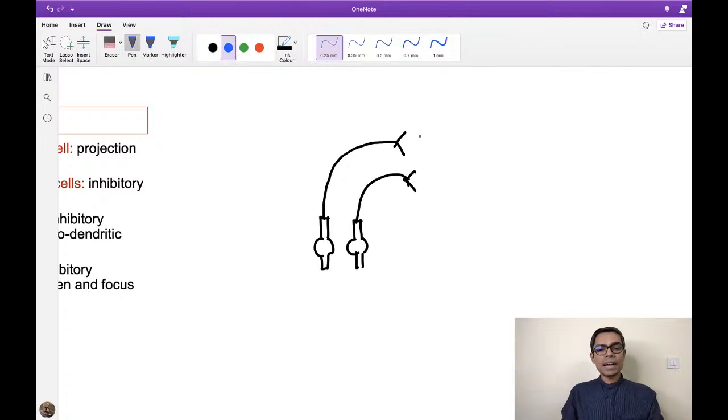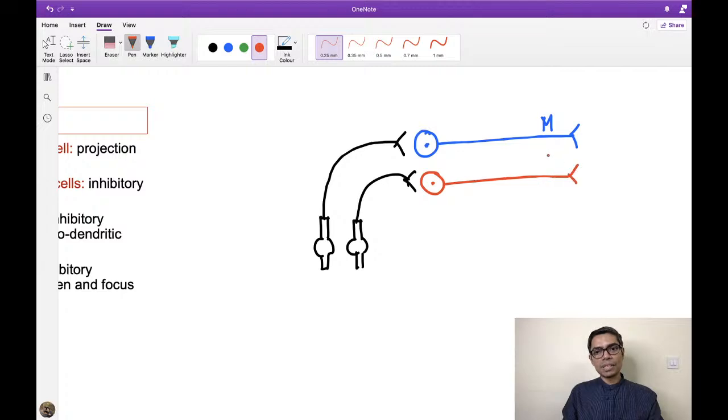At the level of the olfactory bulb, it makes a synapse with the second order neuron. If the neuron is large, it is known as the mitral cell. If the neuron is small, it is known as the tufted cell. These are the second order neurons of the olfactory pathway.